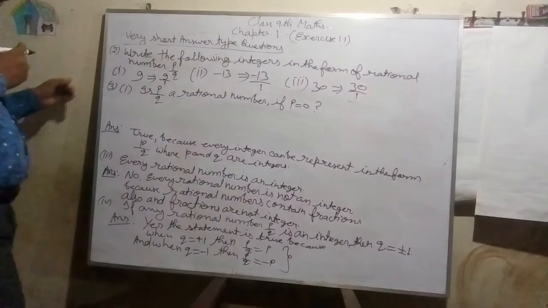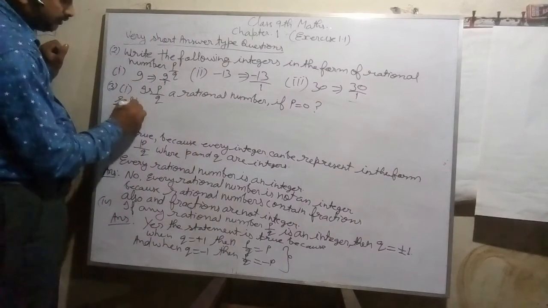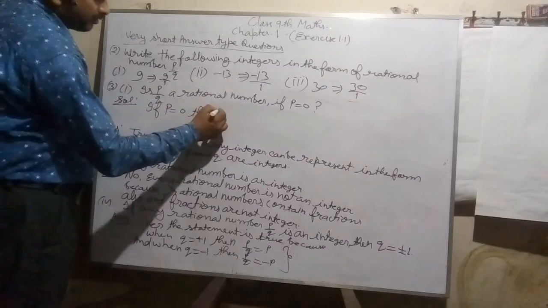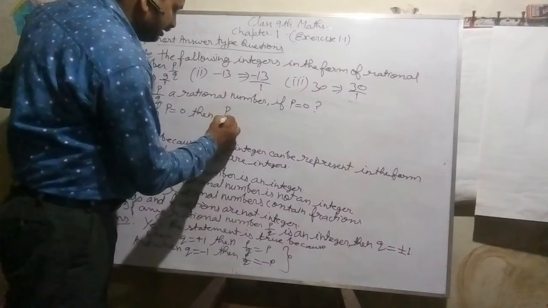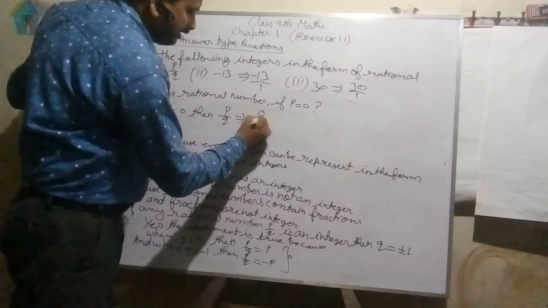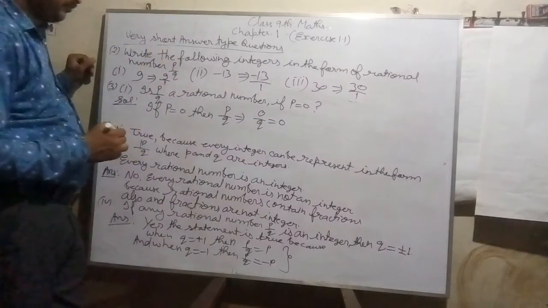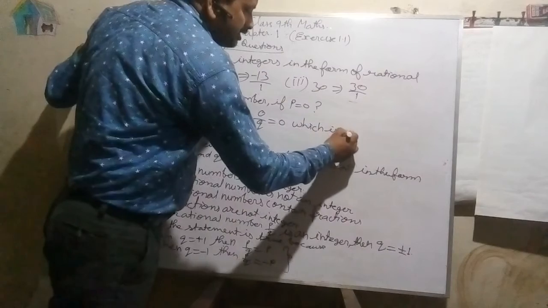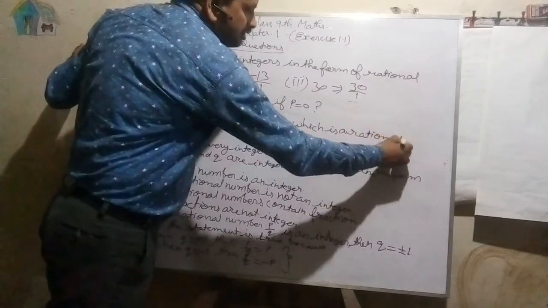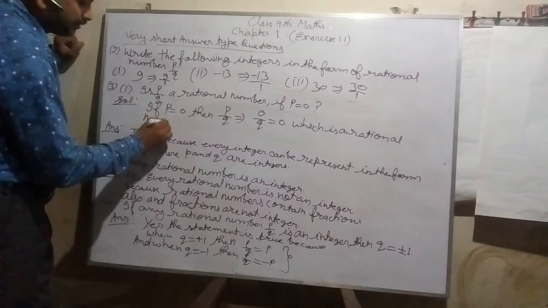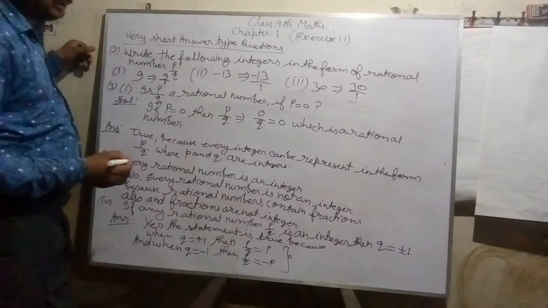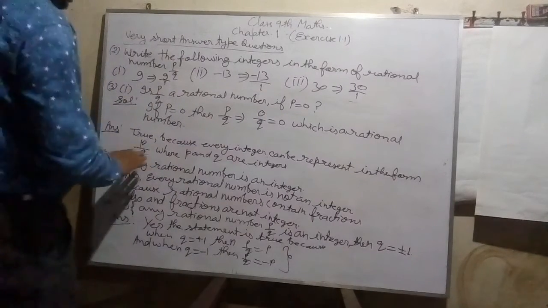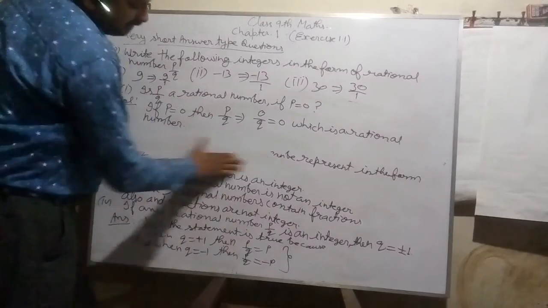Solution: if p equal to 0, then p by q is written as 0 by q equal to 0, which is a rational number, because 0 can be represented as 0 by 1, 0 by 2 in the form p by q. 0 को हम लोग p by q के फॉर्म में रिप्रेजेंट कर सकते हैं, इसलिए 0 हमारा एक रेशनल नंबर है.